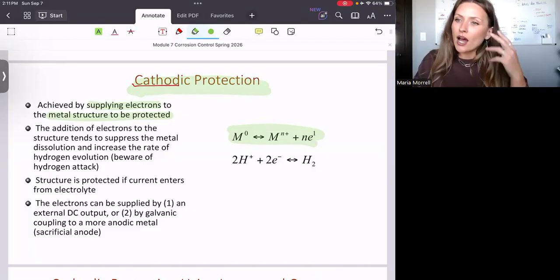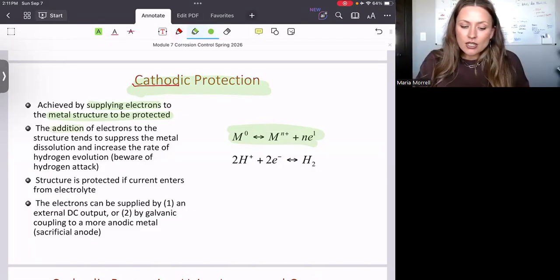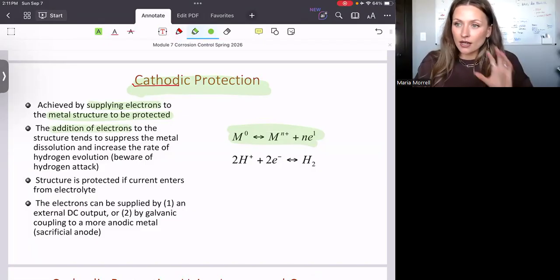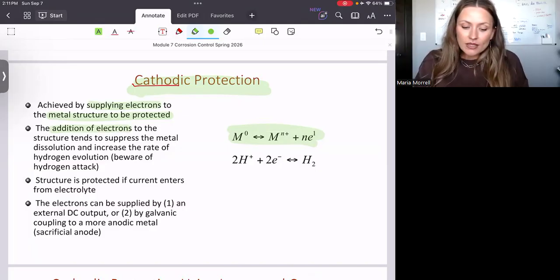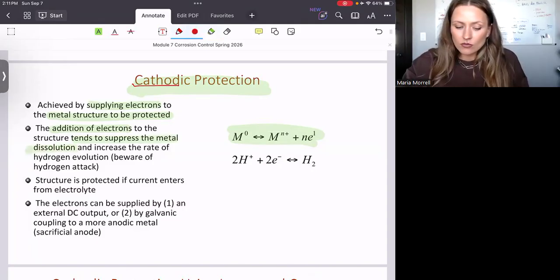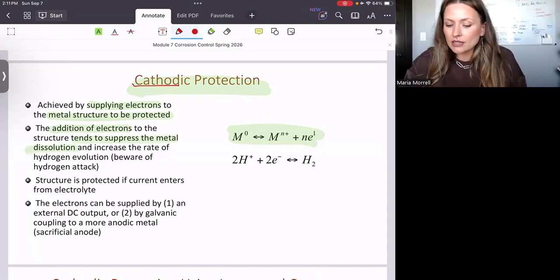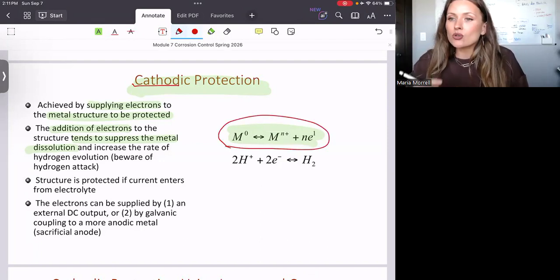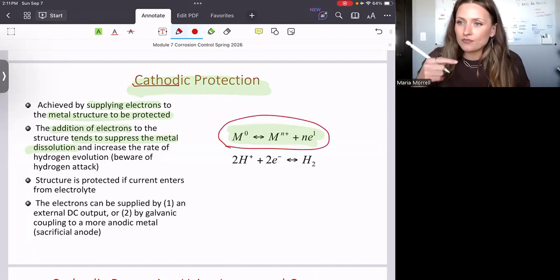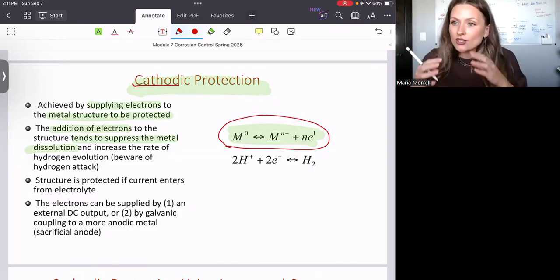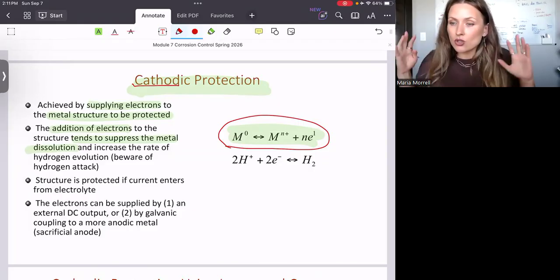Now, how does it help? Well, the addition of these electrons that are blasting the metal tends to suppress the metal dissolution, which is this reaction, and you're trying to reverse it, right? You're quenching the loss of electrons because you are adding them. You're kind of pushing it back.